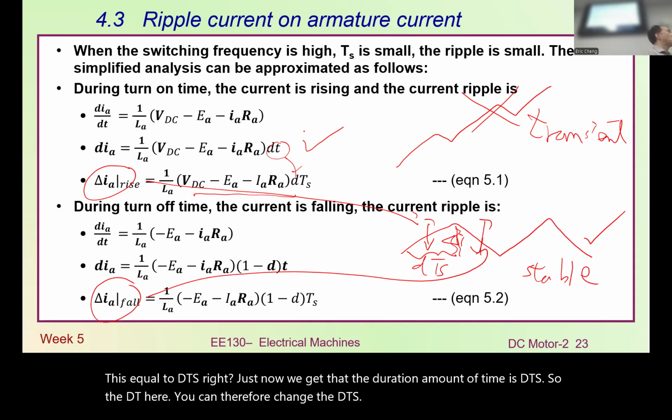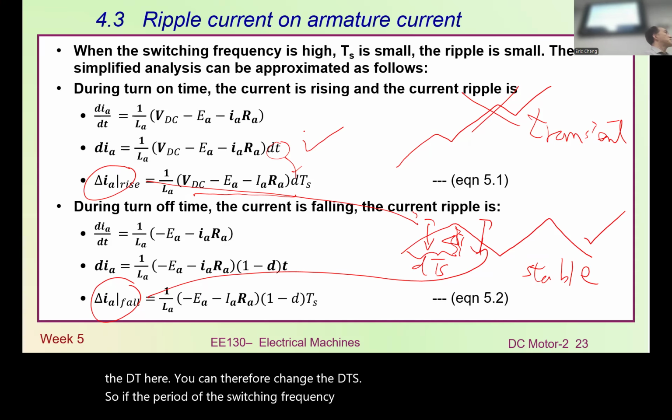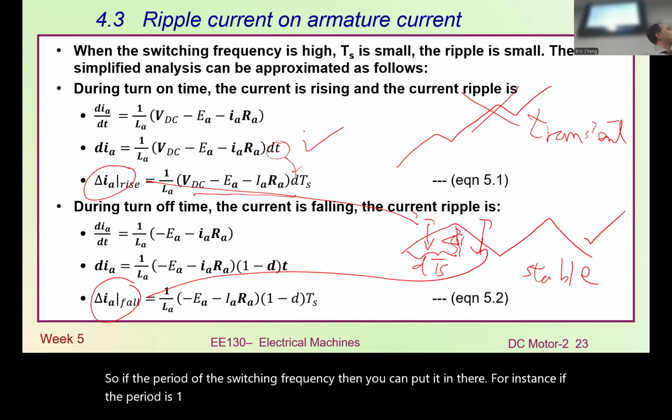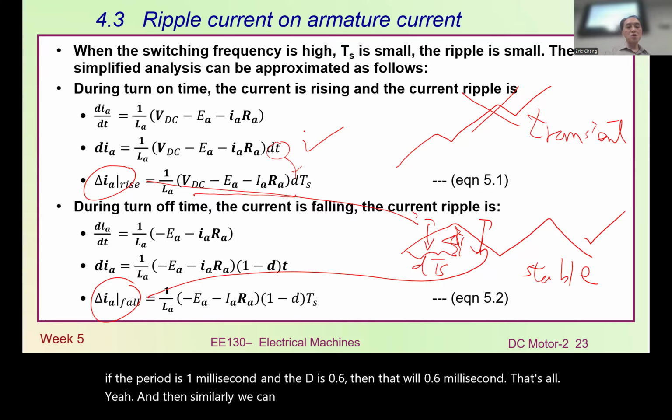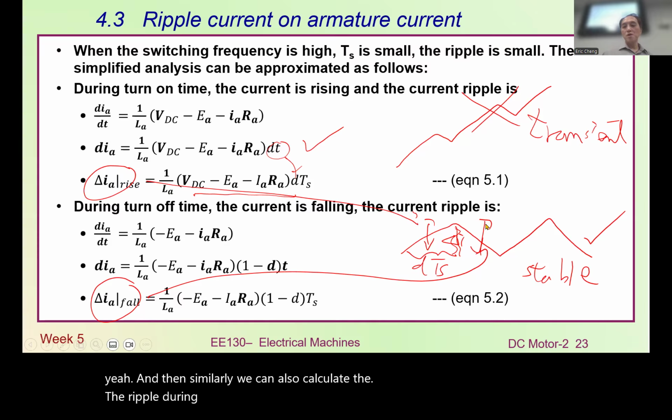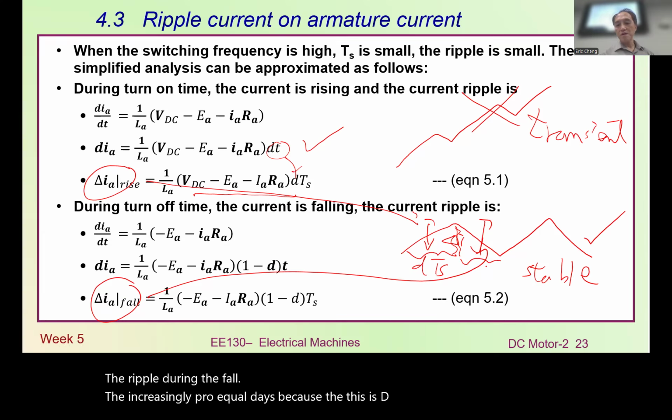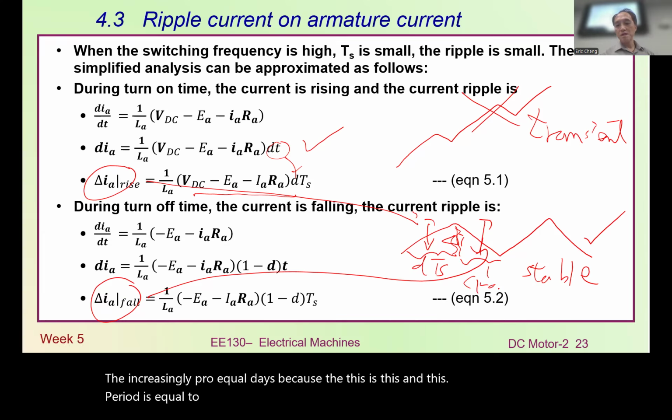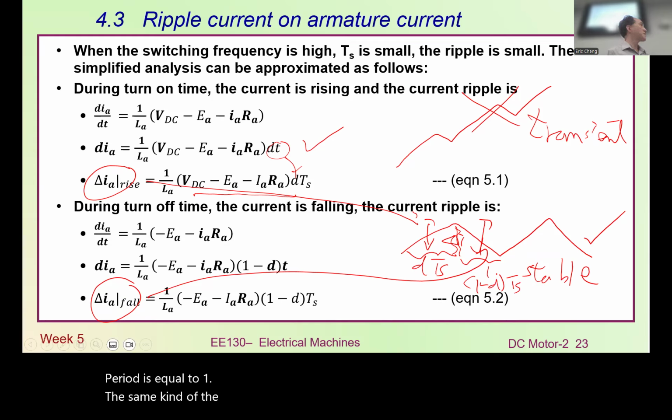If you know the period of the switching frequency, then you can put it in there. For instance, if the period is 1 millisecond and D is 0.6, then that will be 0.6 millisecond. And similarly, we can also calculate the ripple during the fall. The decreasing ripple is equal to this, because this period is equal to (1 minus D) Ts. The same kind of concept. All right, you get that?